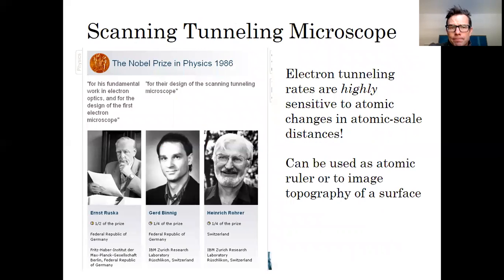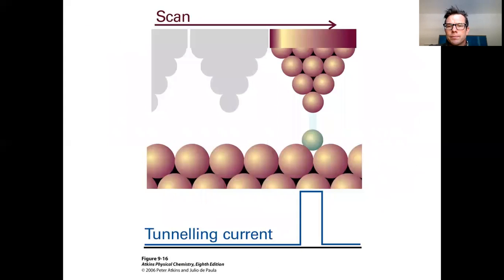And in fact, some people took advantage of this to develop a tool, which you might have heard of, called a scanning tunneling microscope. They won a Nobel Prize in the 80s for this. And essentially, the idea is that they're going to use this to map out the topography of an atomic surface. So you have some tip, which is brought very close to a surface.